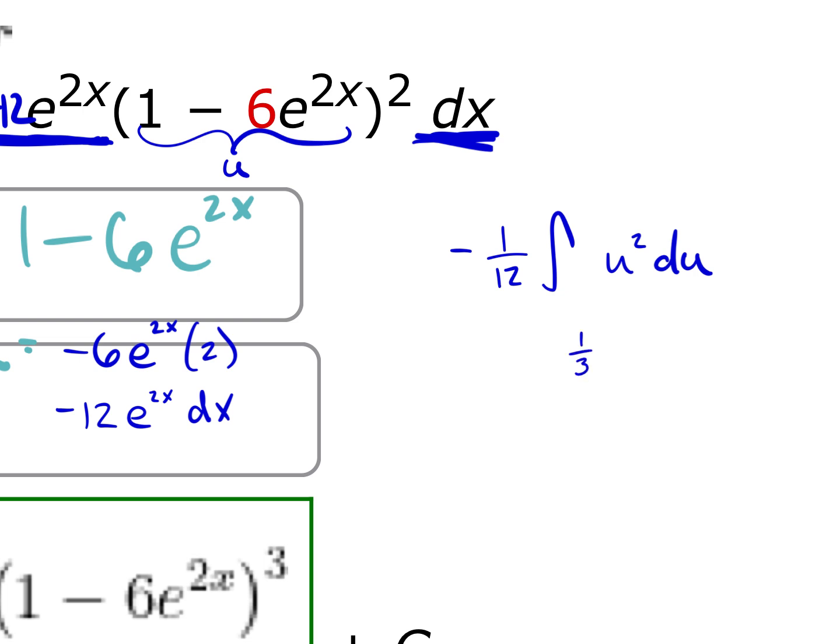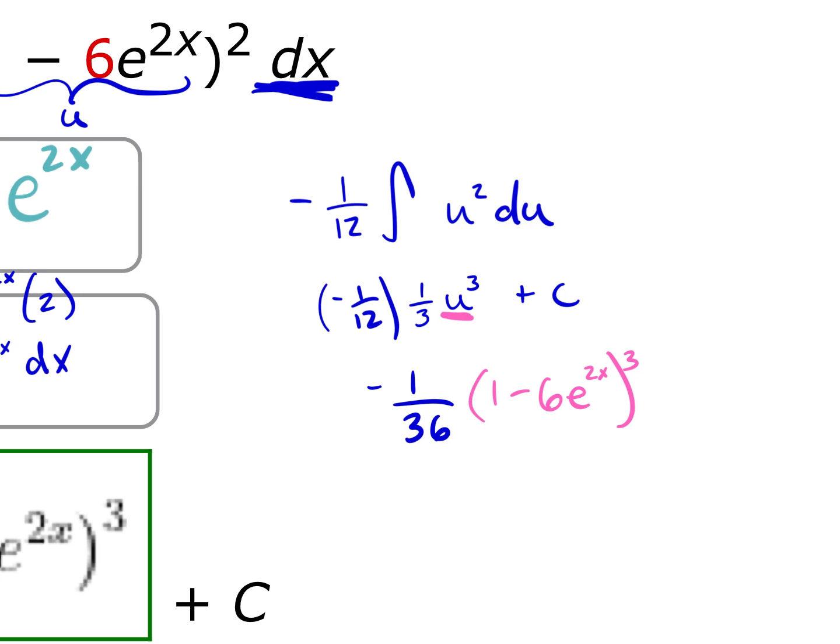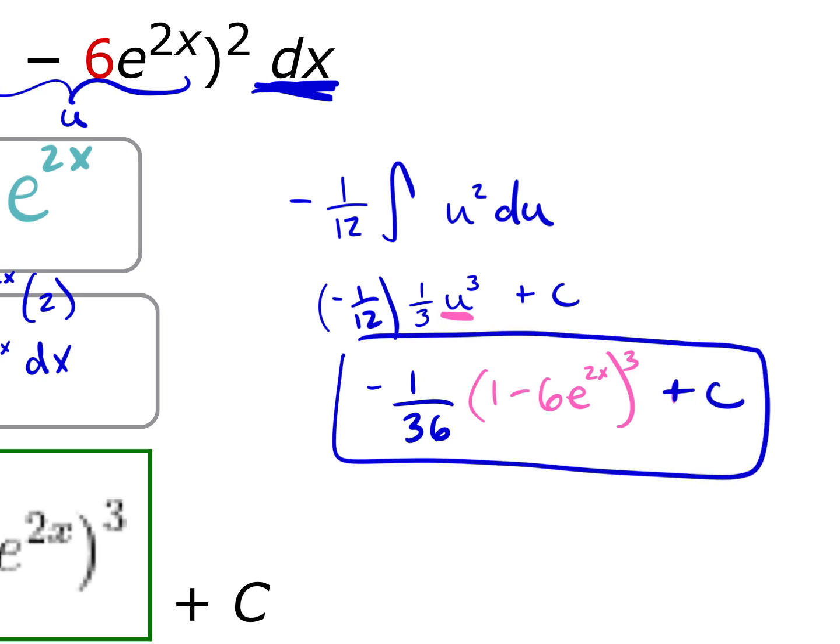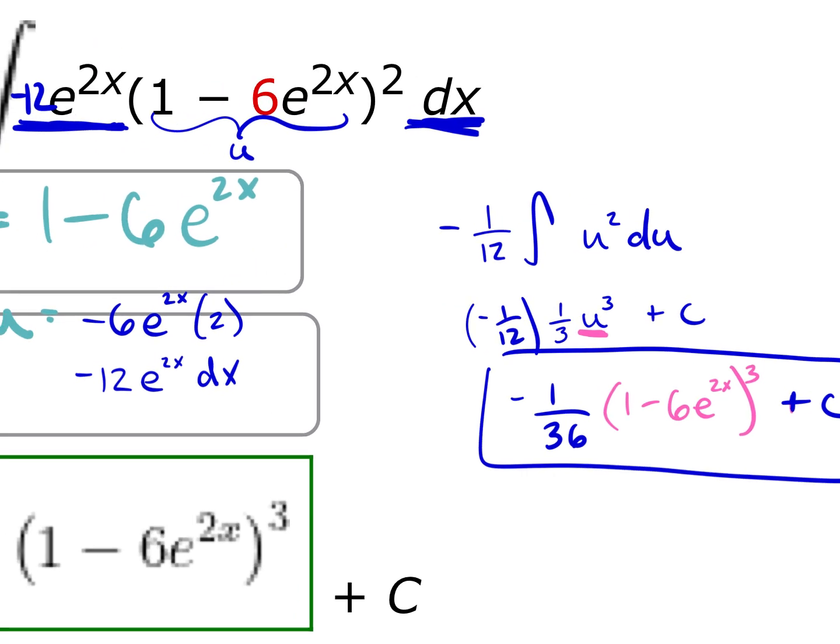Awesome. 1/3 times u cubed plus c. And then we still have to multiply this times negative 1 over 12. So we get negative 1 over 36. Don't forget to plug your x's back into the u. So we have 1 minus 6e to the power of 2x, cubed, plus c. So this would be our integral, our antiderivative here.